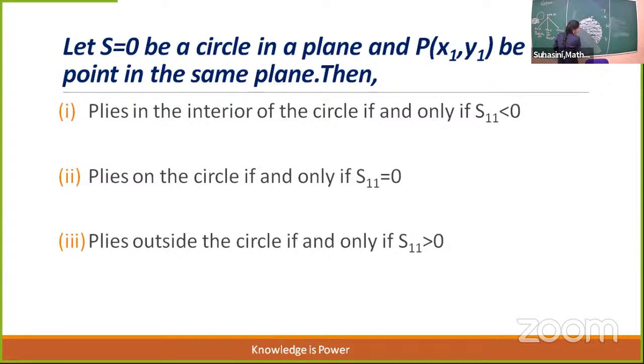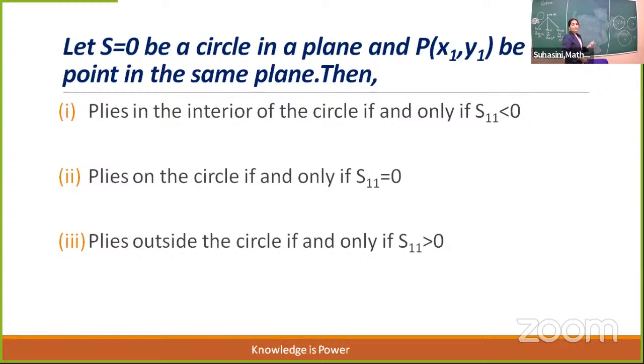This is the geometrical interpretation: P is inside the circle, P is on the circle, and P is outside the circle. This is called the geometric notation.